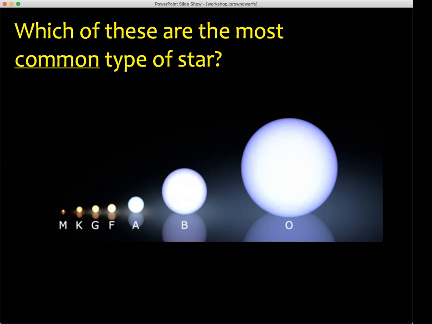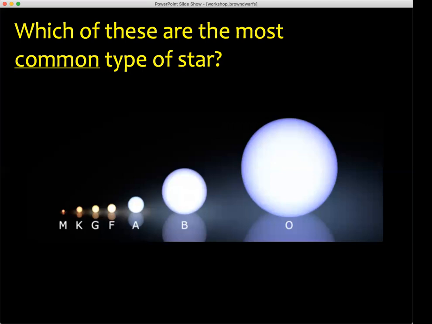Any guesses on which one of these spectral classes comprises the most common type of star in our Milky Way galaxy? Why M? Because the hot stars are young, so even though they're larger in mass and more visible, there aren't as many of them. There's a lot of stars that cool down to white dwarfs, so there's going to be more white dwarfs, or just dwarf stars in general. Yeah, so you've touched on an interesting concept.